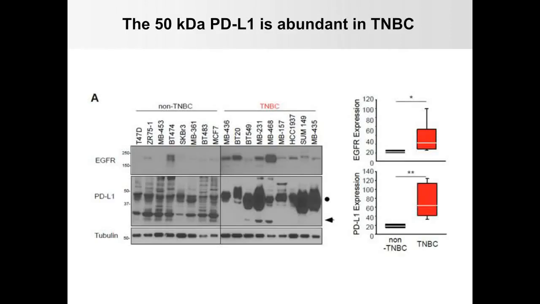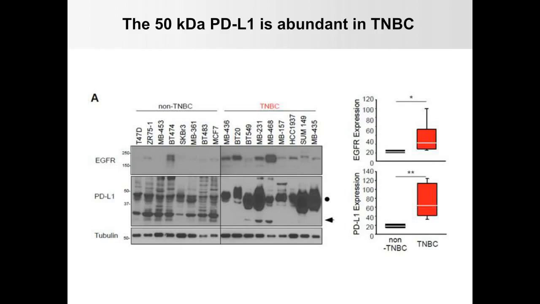Again, like I mentioned earlier, our lab has tremendous interest in studying triple-negative breast cancer. So how is PD-L1 expressed in breast cancer? In this slide, we also use a panel of breast cancer cell lines, and we group them into non-triple negative and triple negative breast cancer cell lines. We did a simple Western blot with EGFR and PD-L1.